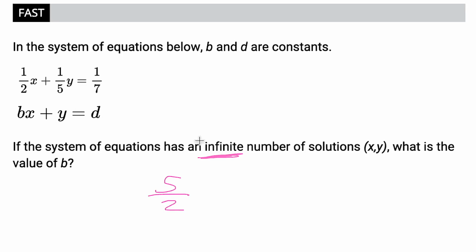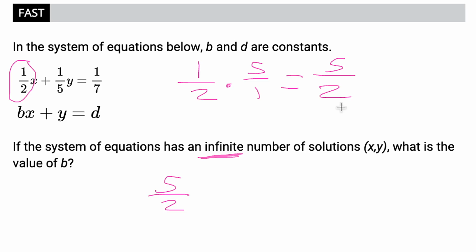So because they have the same slope, the coefficients in front of x and y will also have the same ratio. Now, this says we went from 1/5 y to y. And in order to do that, we would have had to multiply by 5. So to get our coefficient for x, I just took 1/2, multiplied it by 5, and then we end up with 5/2. So that's how I got that one so quickly.